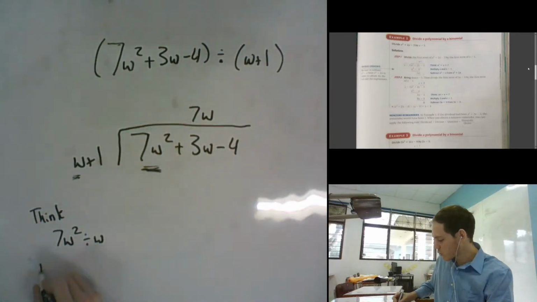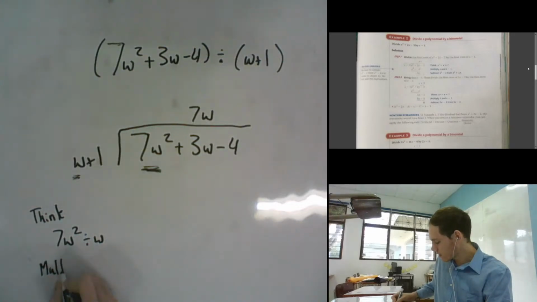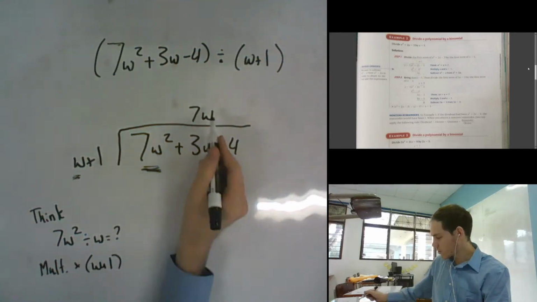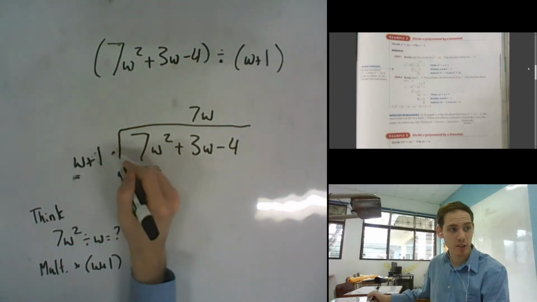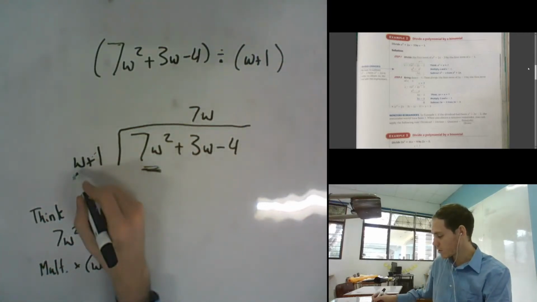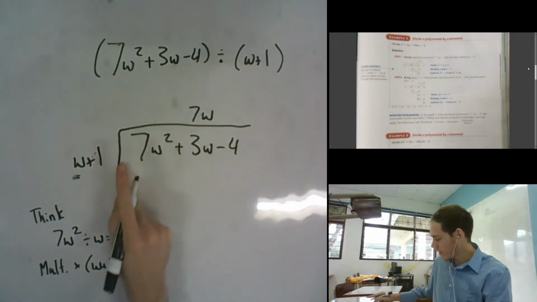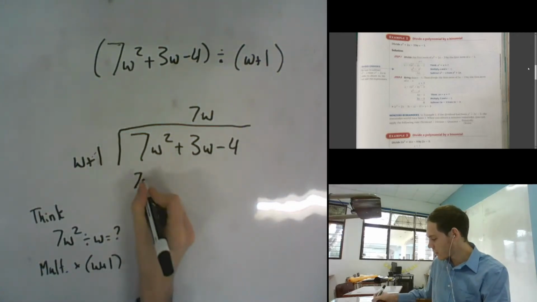The next step is we multiply that number, whatever number this is, times the w plus 1. So we're going to do this, 7w times w plus 1. So 7w times w is 7w squared.